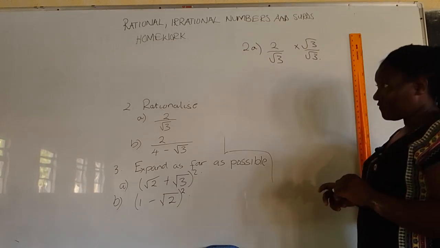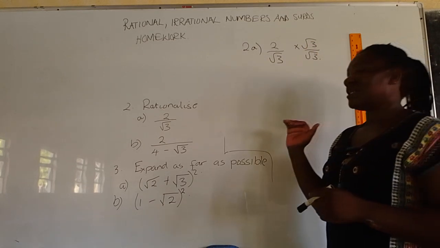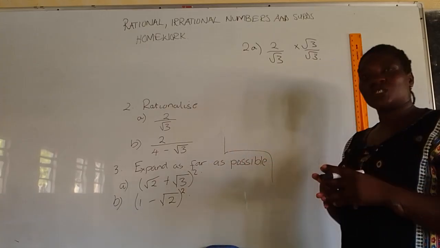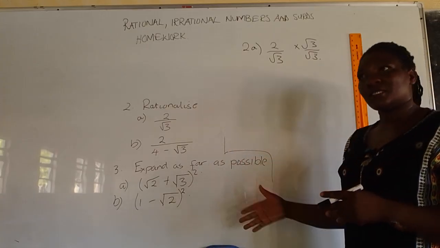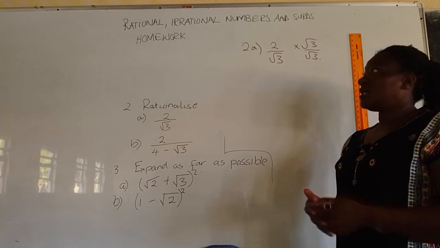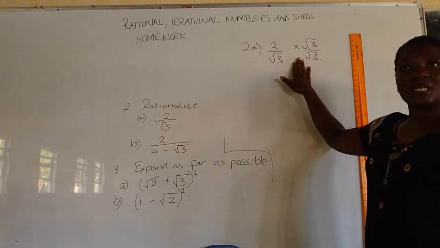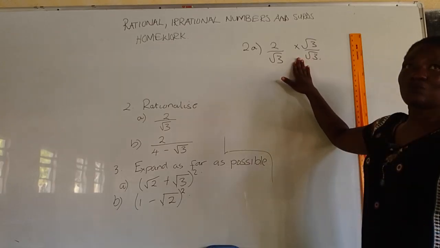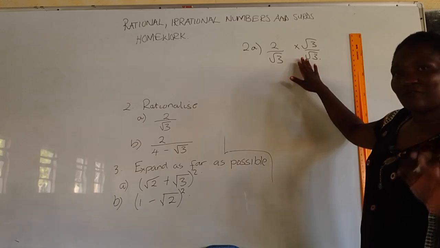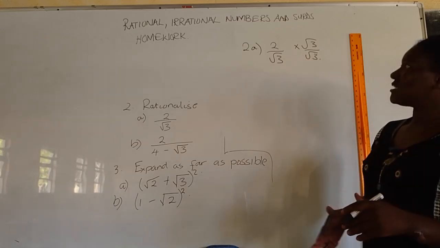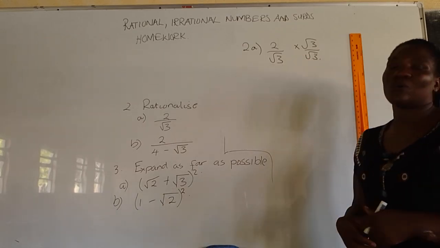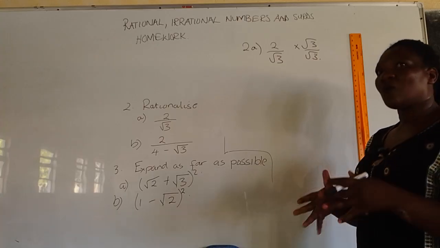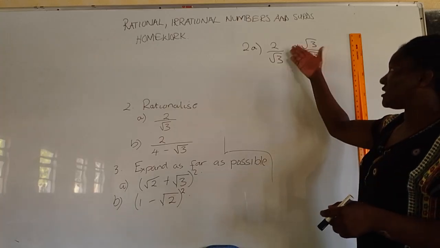Right. If you have watched my rational and irrational numbers in Surds lesson, for further elaboration there, you are going to search for that video, watch it, then you can now know how we are going about this. Right?